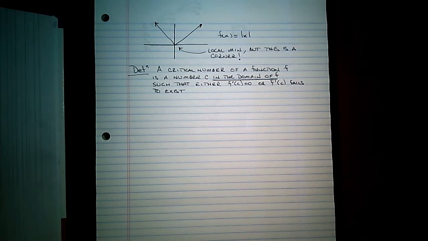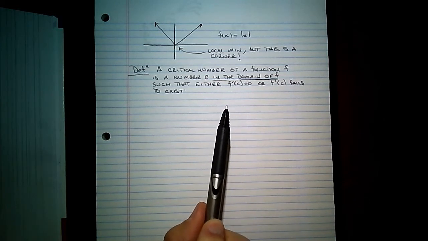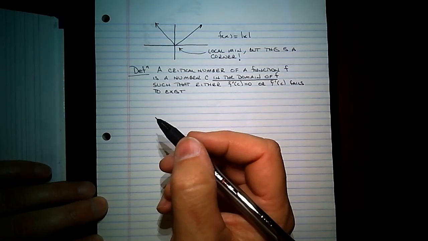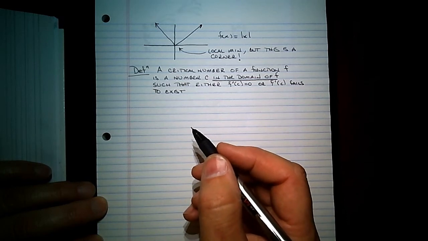Sorry. So we're going to look for local mins and maxes at these points. Okay. So now we're going to get a rule. It's not even a theorem in our book. It's just a statement. He doesn't even put it in bold. He puts it in a box.